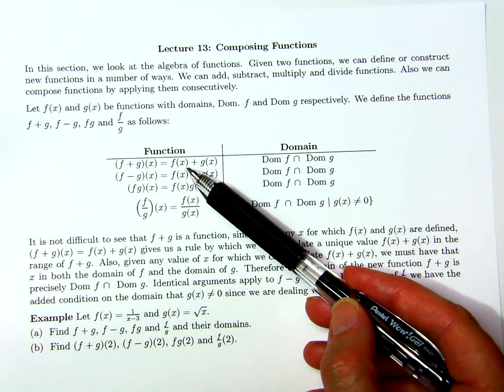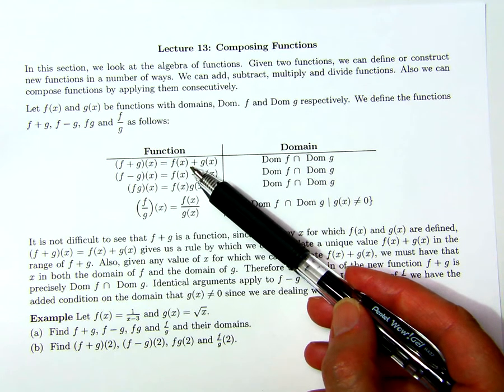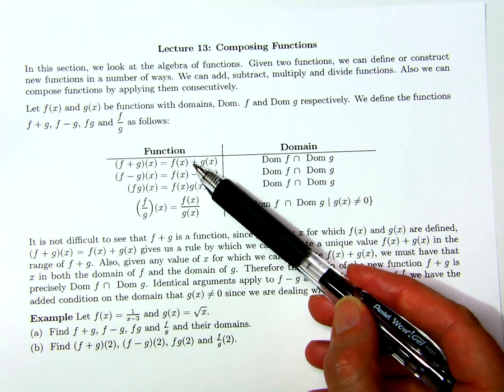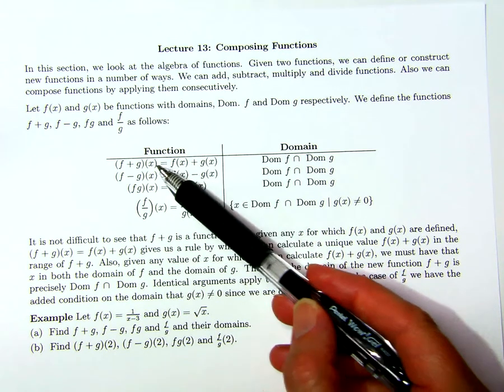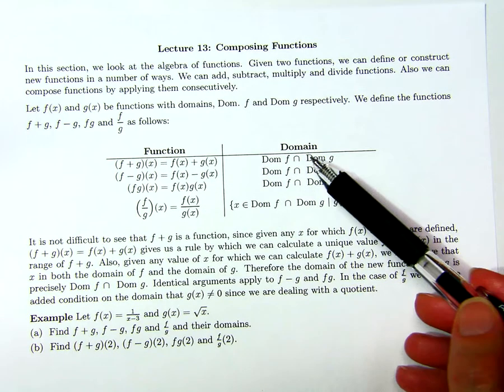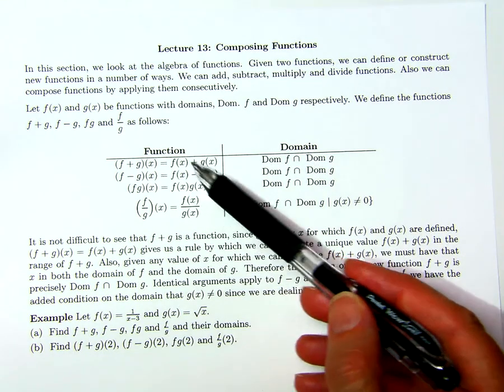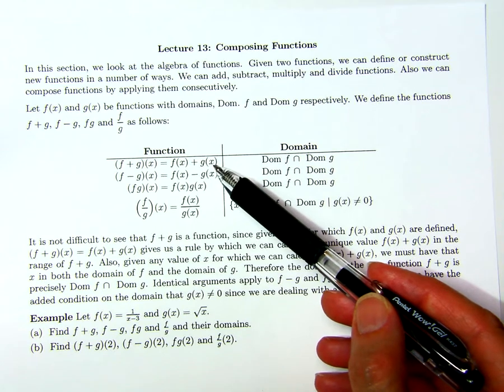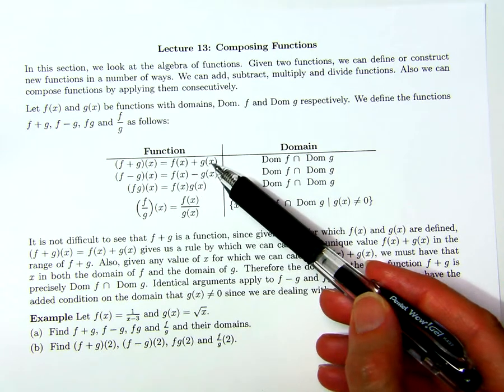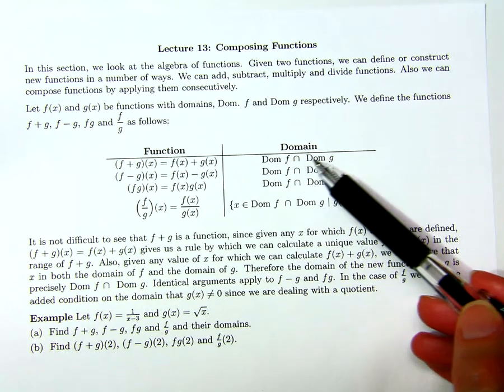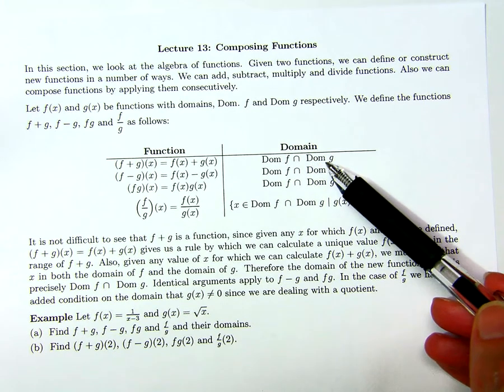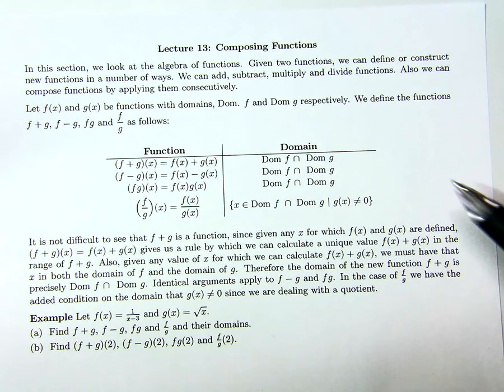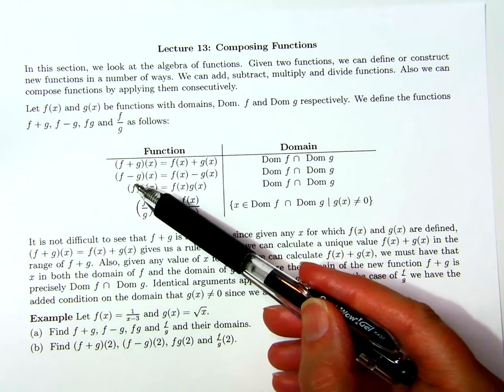So that's our defining property of a function, and therefore this is a function. And in order for us to calculate f of x plus g of x, we have to be able to calculate both f of x and g of x, so the domain is the intersection of the domains of f and g.